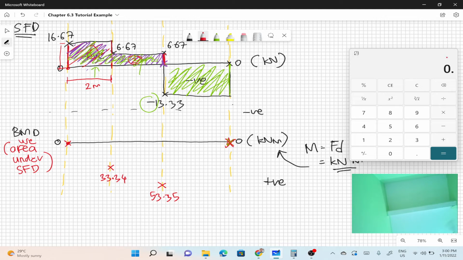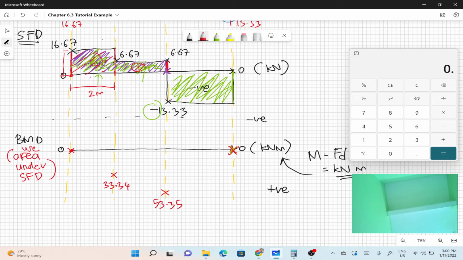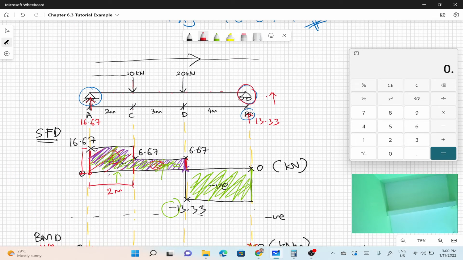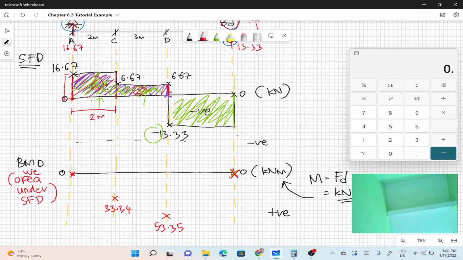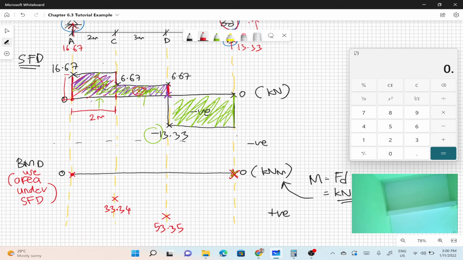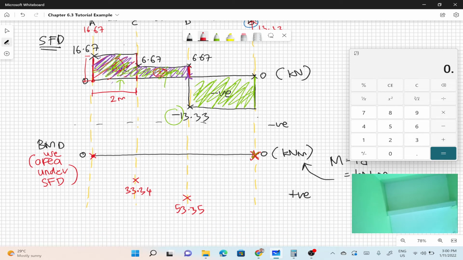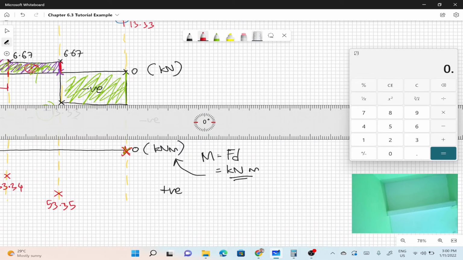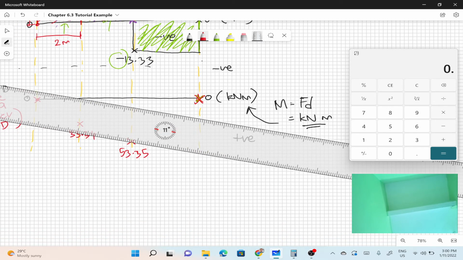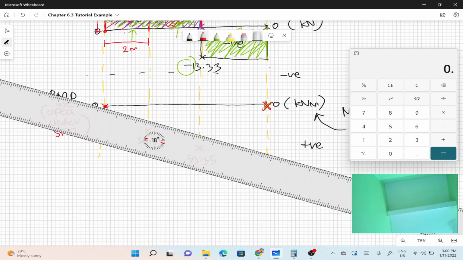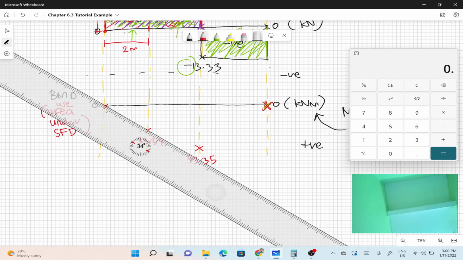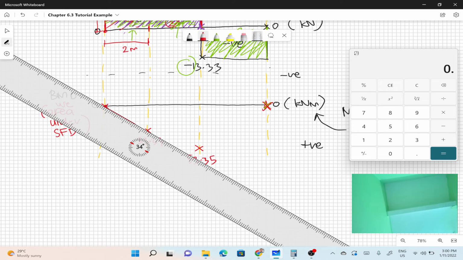Okay, now because all the loads in this question are point loads, you want to connect all these points that we have in our bending moment diagram with a straight line. So I'm going to take a ruler. You want to use a ruler and make sure it's a straight line there.